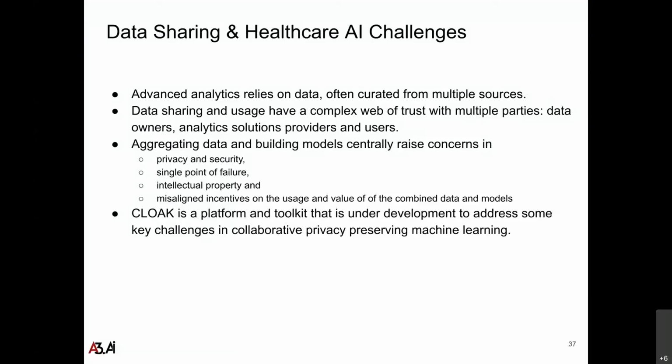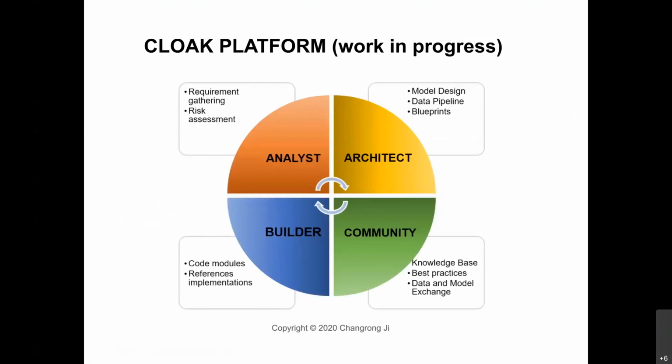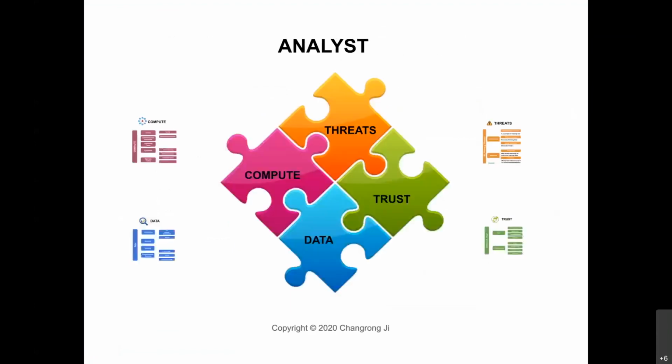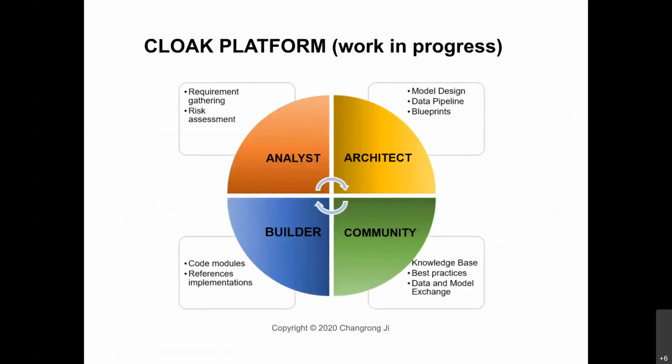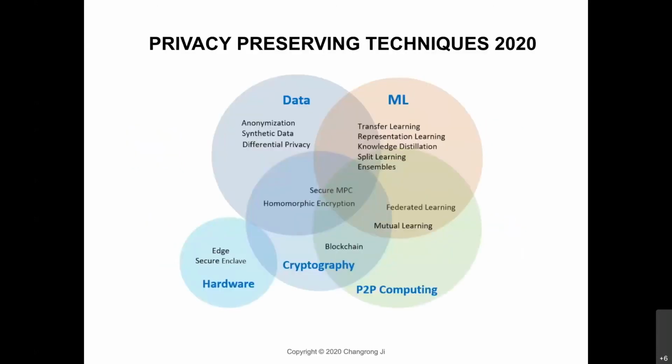And so there are a lot of data sharing challenges, and we have a platform going, and we have different ways of analyzing the privacy risk, design and model architecture. This is a very quick high-level survey of privacy-preserving techniques as of 2020, from the data angle, from the machine learning angle, from a cryptography angle, and from the P2P, peer-to-peer decentralized computing angle.